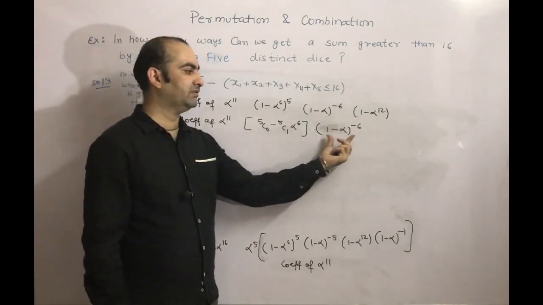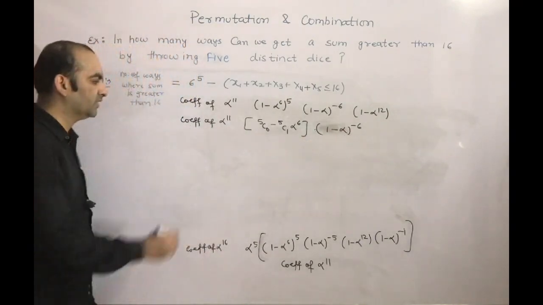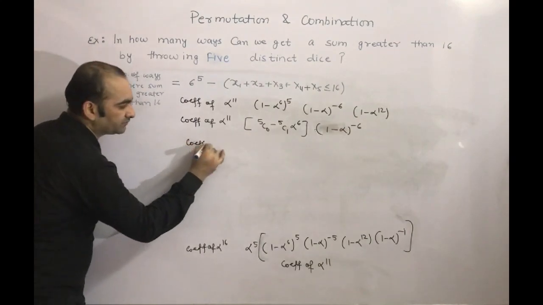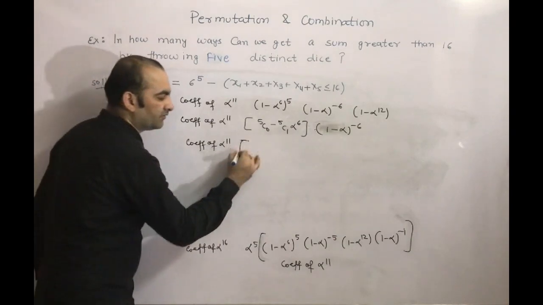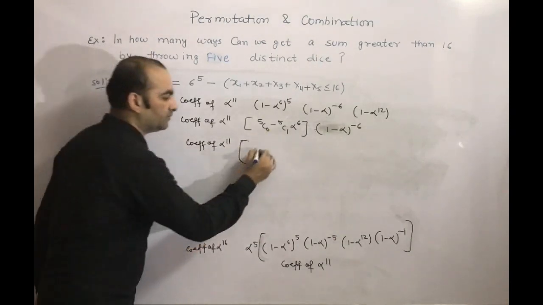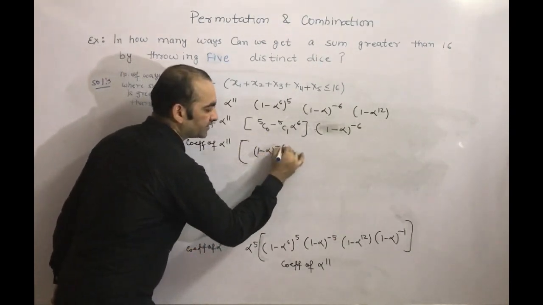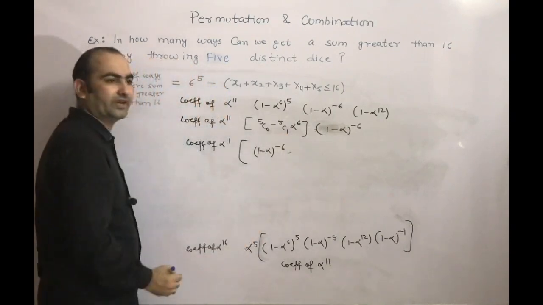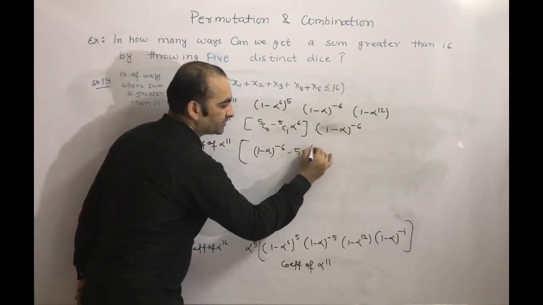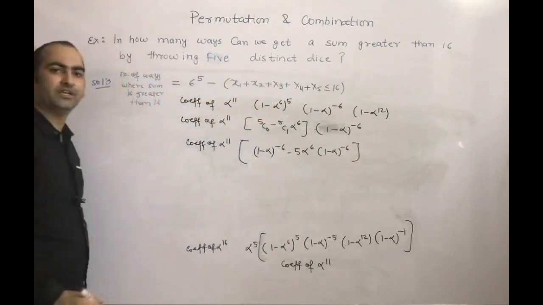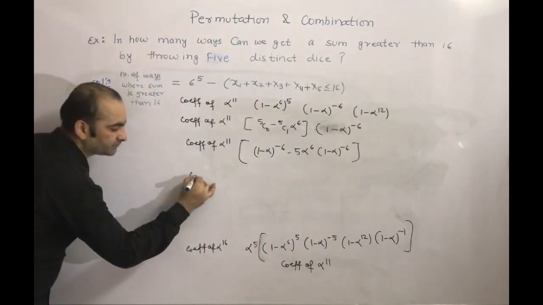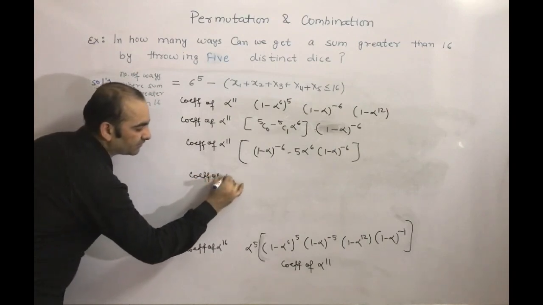So 1 minus alpha power minus 6 we can take inside. We want the coefficient of alpha power 11. So this will come out as 5c0 times 1 minus alpha power minus 6, minus 5c1, which is 5, alpha power 6 into 1 minus alpha power minus 6 in bracket. Now we are finding the coefficient of alpha power 11.